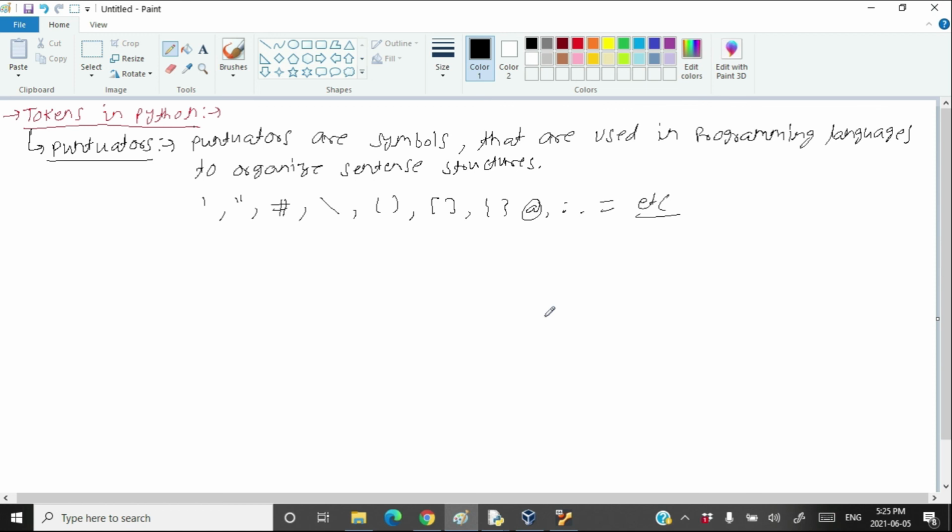We will see the use of these punctuators whenever it is required in our course. So punctuators are symbols used in programming languages to organize sentence structures.